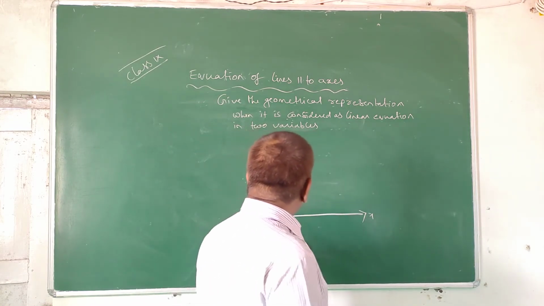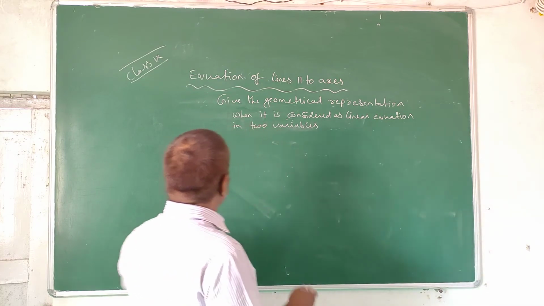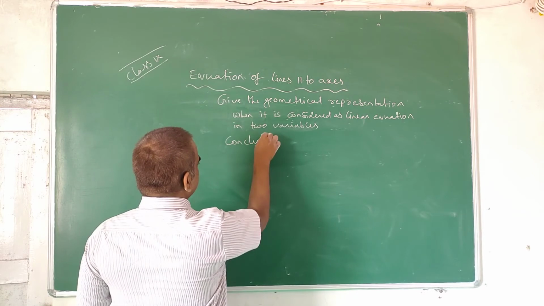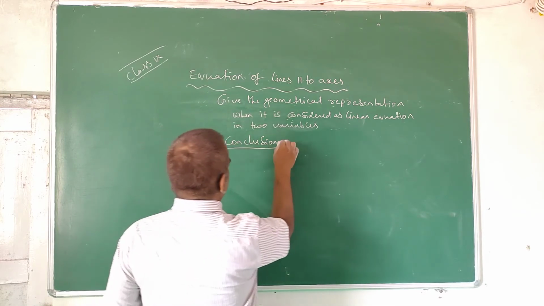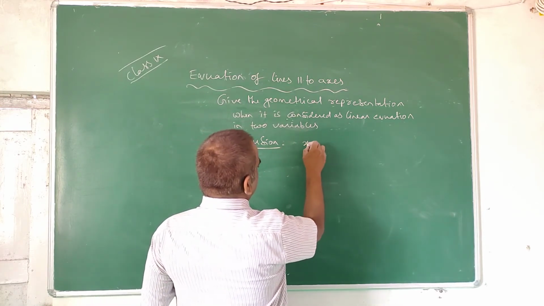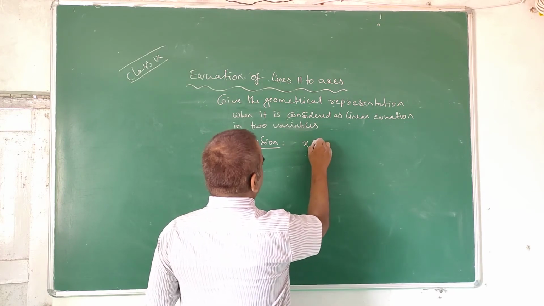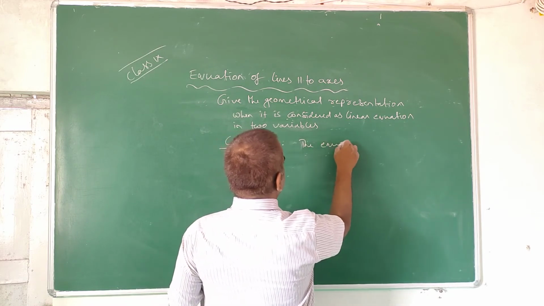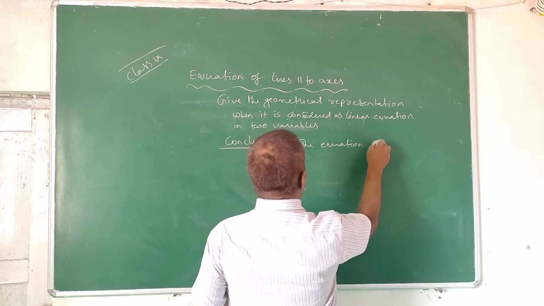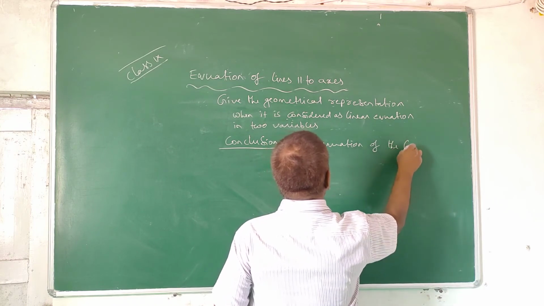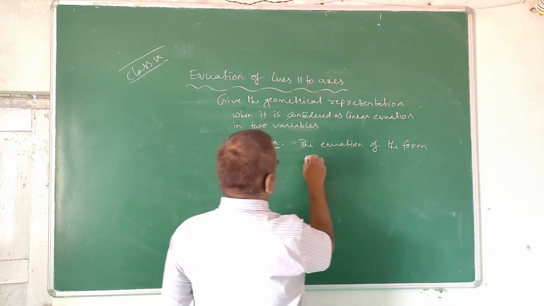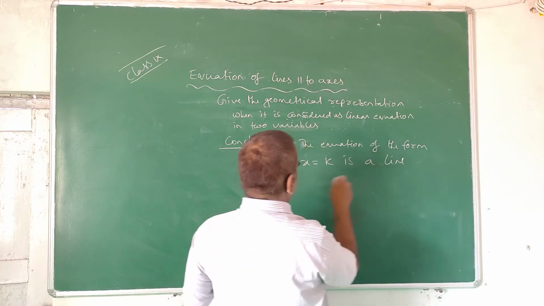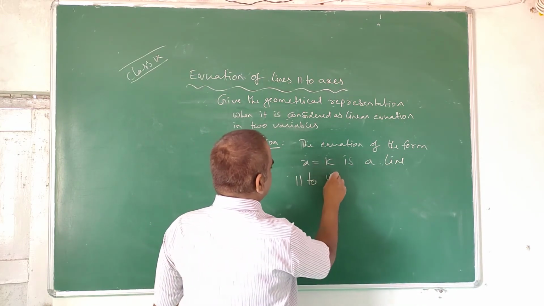So first let us conclude this point, what we have observed. Therefore the conclusion is, the equation which is in the form of x is equal to k is a line parallel to the y-axis.